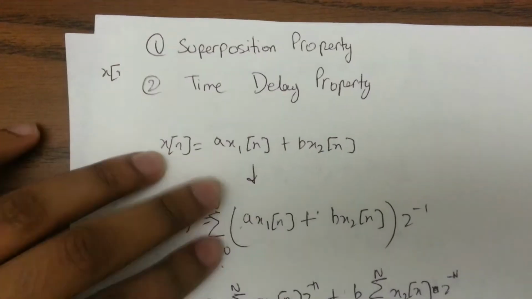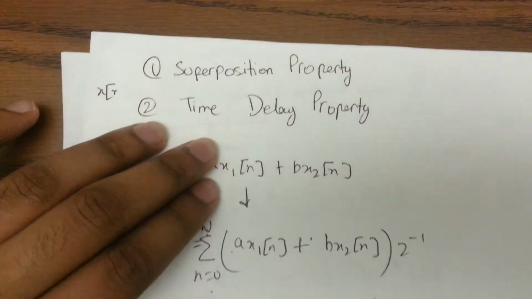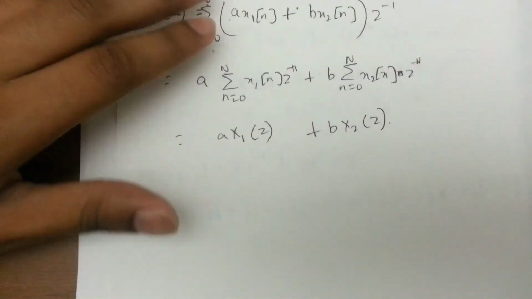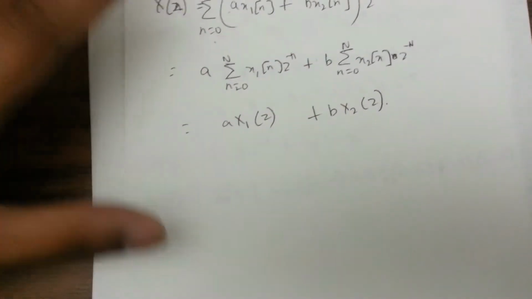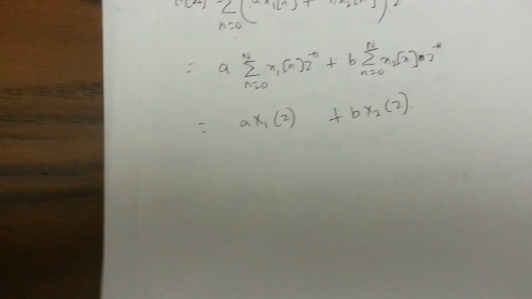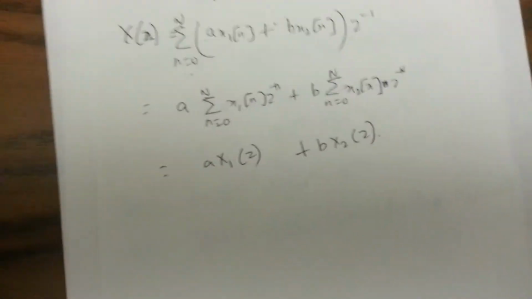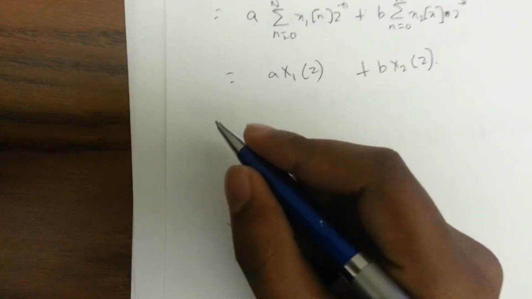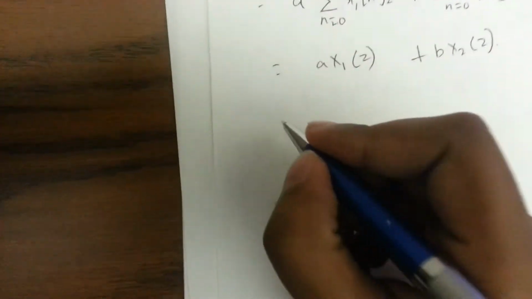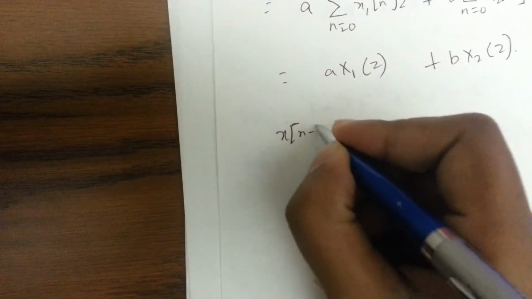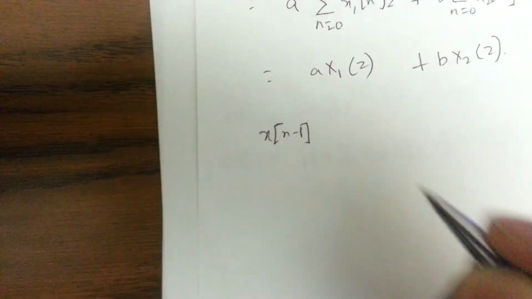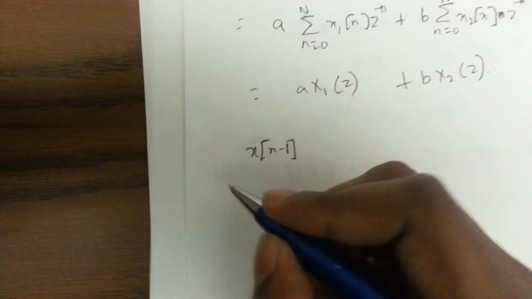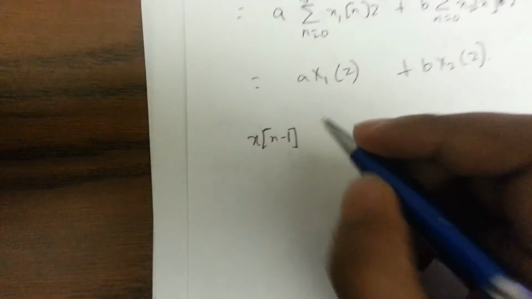And the second property that I'm going to talk about is the time delay property. The time delay property basically says, if you have a signal and you add a delay to it, the delay basically gets multiplied to the entire signal. So let's say in a signal, if you have a delay of x of n minus 1, this means you have a delay of 1.